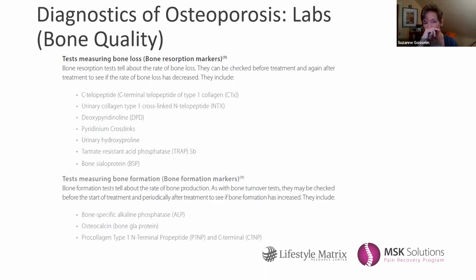So the beauty of some of these other lab tests here, they're called bone formation markers and bone resorption markers, is that they can be done much more easily every 3 months, every 6 months, at the same time that you're having your DEXA scan, so that you have other measurements available to you to help see if your bone resorption markers are going down or your bone formation markers are going up.